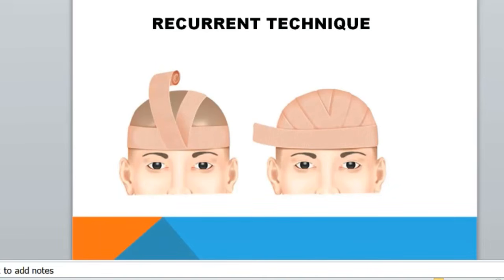We call it recurrent technique. You can use it on the head, on the stump, even on the finger. You fold it back and forth over the end of that part, so you're using it to form a layer, like a coverage. So we call it recurrent.